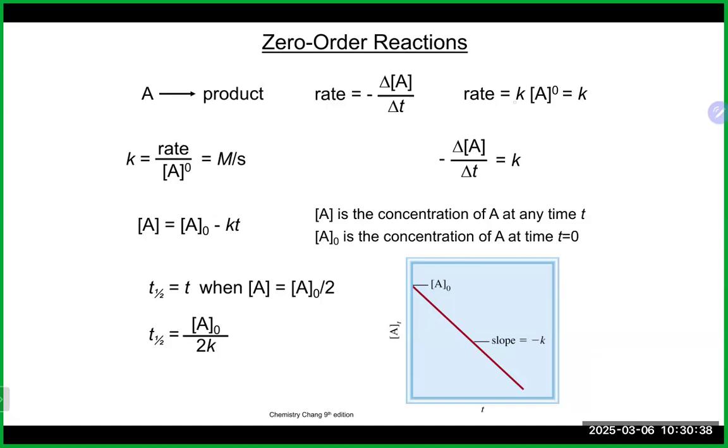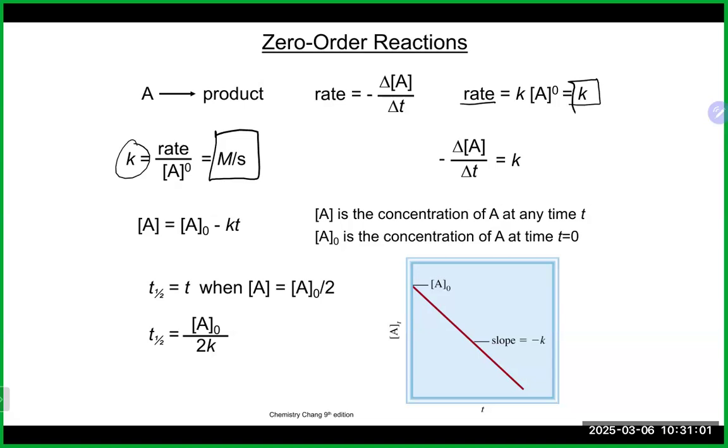And that basically means if we write the rate law, the rate will actually equal the rate constant. And that means that the units that we associate with the zero order reaction are actually the same ones that we see for rate, which is molarity over seconds. So if you see molarity over seconds for the rate constant, you know you are dealing with a zero order reaction.